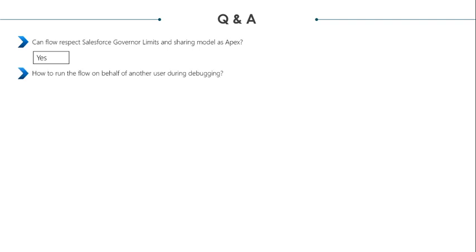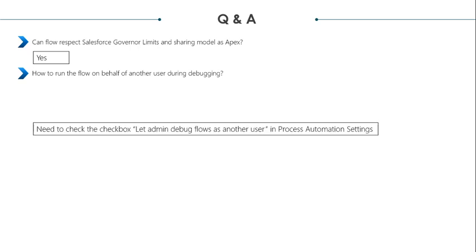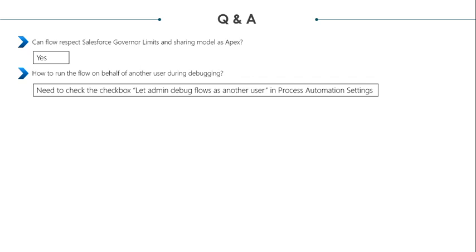Next, how to run the flow on behalf of another user during debugging? You need to go to Process Automation Settings from Setup, and on that screen you have to check the checkbox called Let admins debug flows as another user.